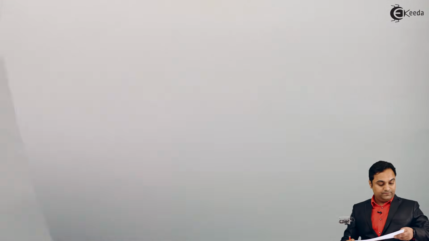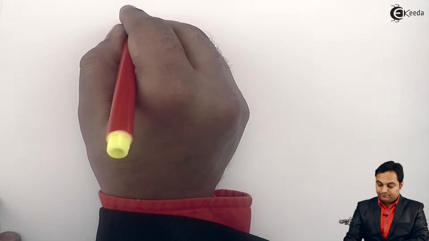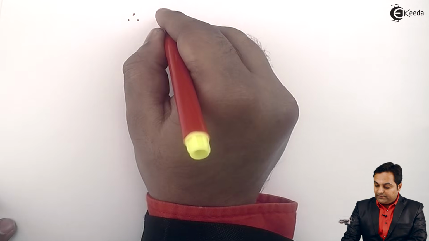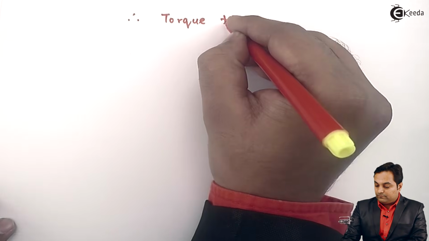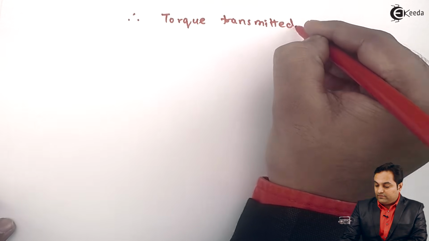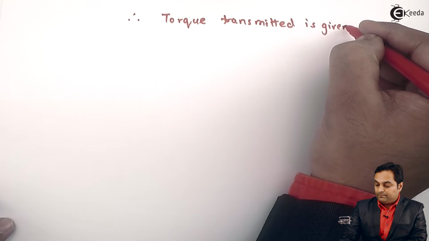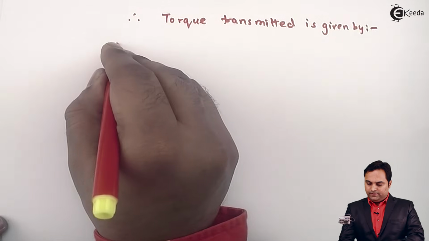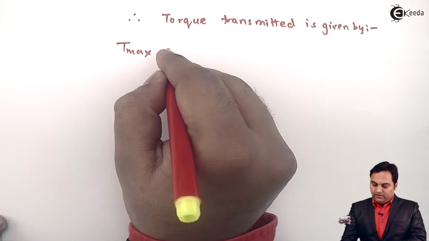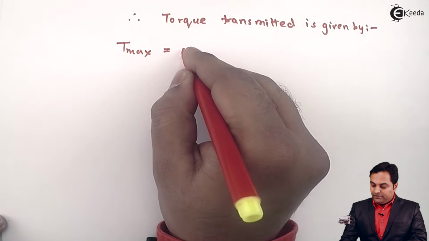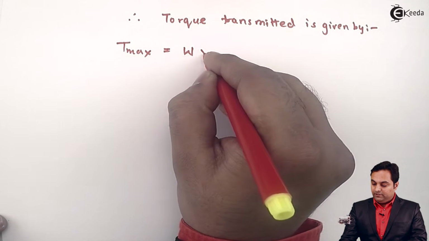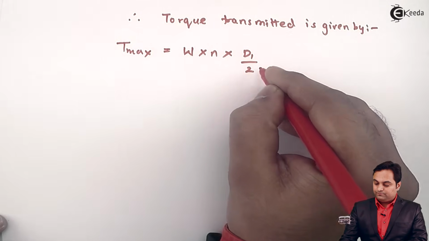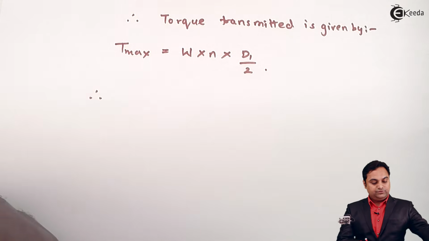Next, the torque transmitted is given by T max equal to the load on the pin, that is W, multiplied by the number of pins into D1 by 2. So I'll put the values.